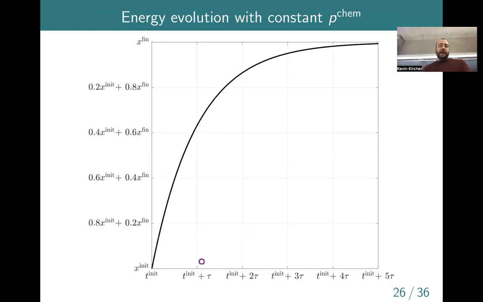So here's what that looks like. This is a classic exponential approach, or exponential decay, kind of curve. On the x-axis we have time, and on the y-axis we have x, the energy stored in our battery. We start at some initial value, and here I'm saying x final is greater than x initial, so I'm assuming we're charging rather than discharging.